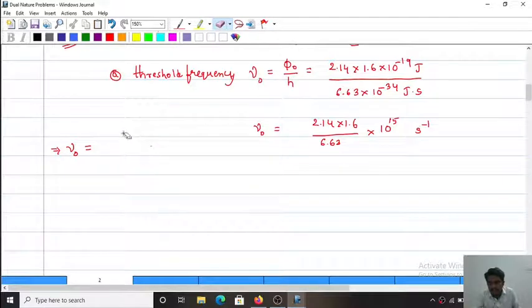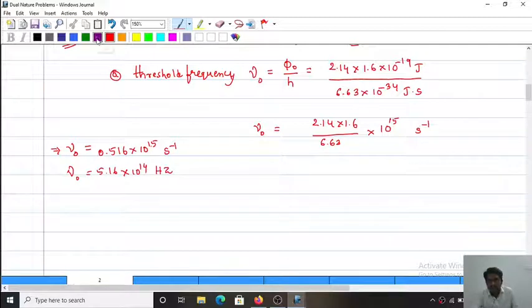The answer is 0.516 into 10 power of 15 second inverse, or the threshold frequency is equal to 5.16 into 10 power of 14 second inverse, or hertz, which is the unit of frequency. Therefore the threshold frequency equals 5.16 into 10 power of 14 hertz. So this is the first part of the second problem.